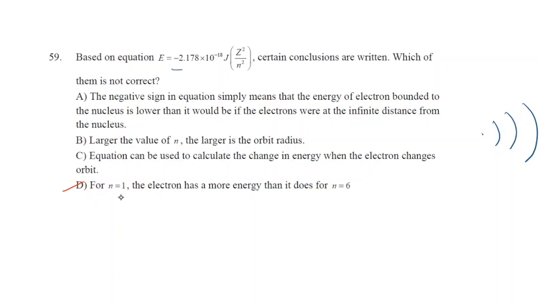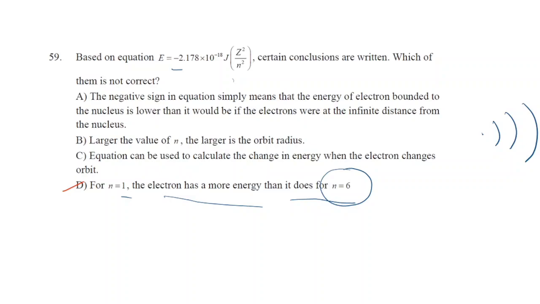For n is equal to 1, the electron has more energy than it does for n is equal to 6. No, it's not correct. See, suppose we consider n square, which is in the denominator, right? In the denominator, if the value is more, it is overall less negative value, less magnitude you will get. That means if we consider with the negative sign, it is more.